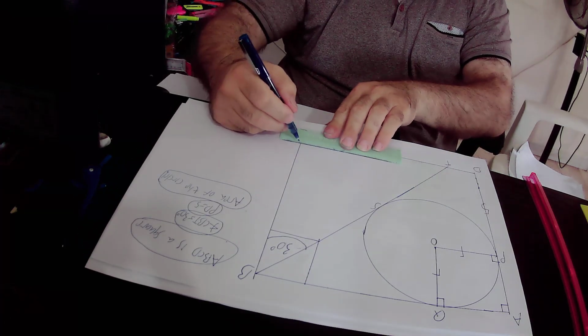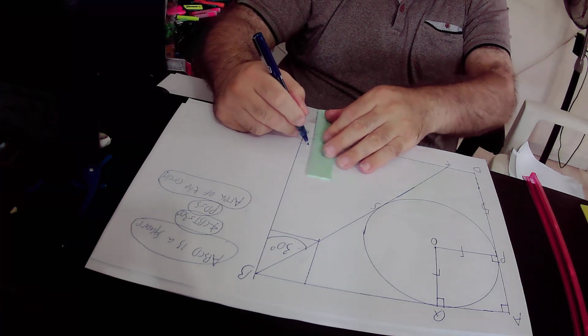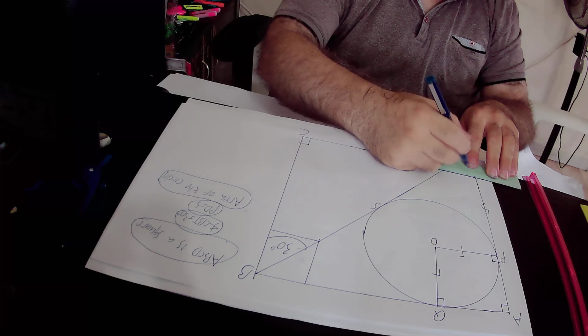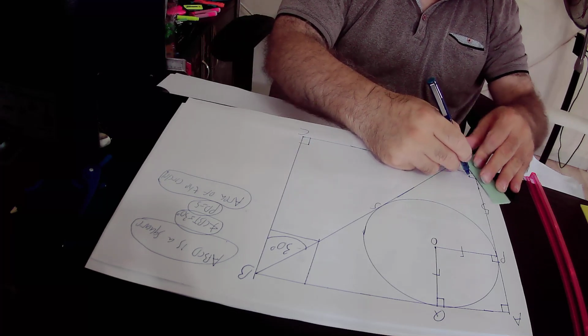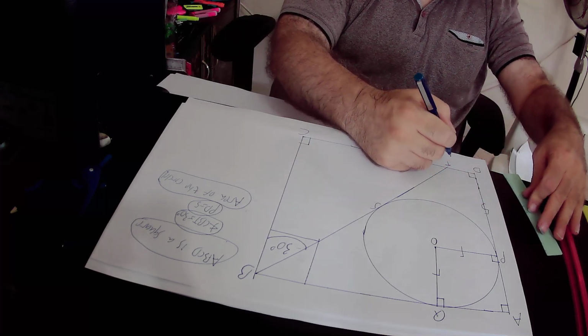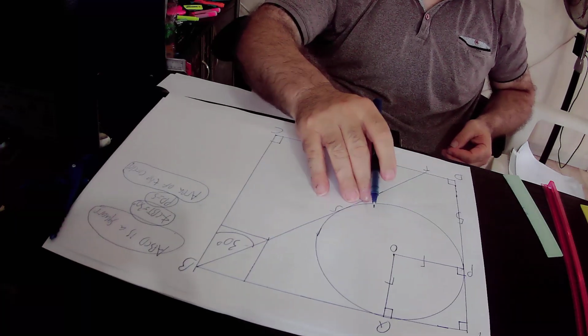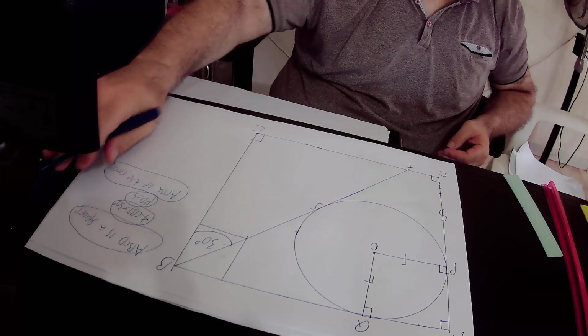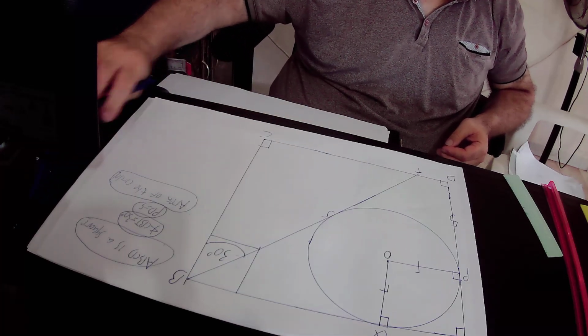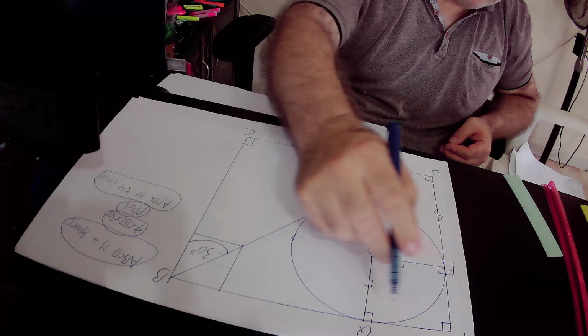This angle is also equal to 90 degrees, and finally this angle equals 90 degrees. So inside quadrilateral AQPO we have 1, 2, 3 right angles.